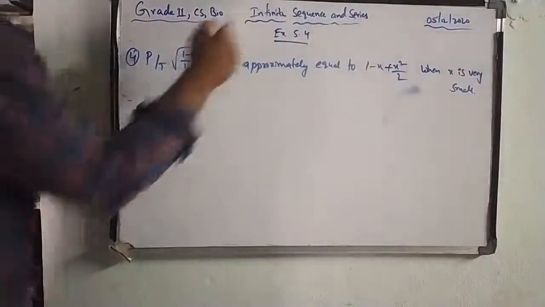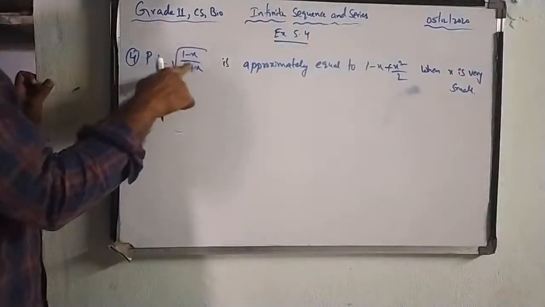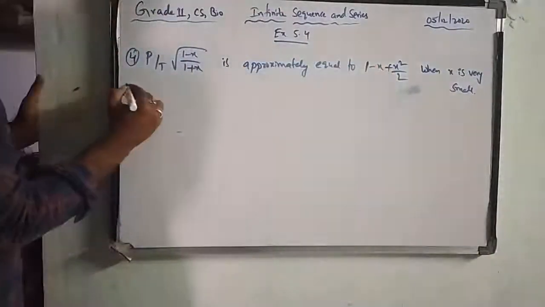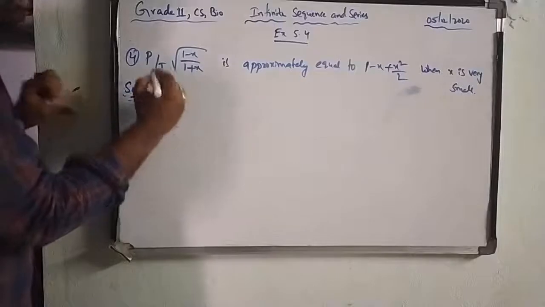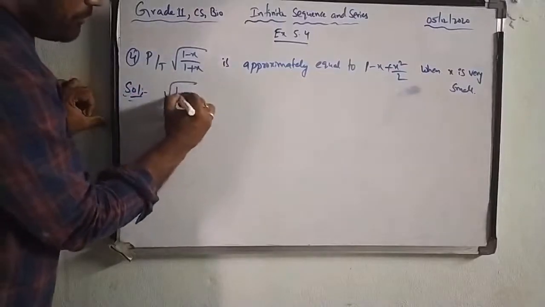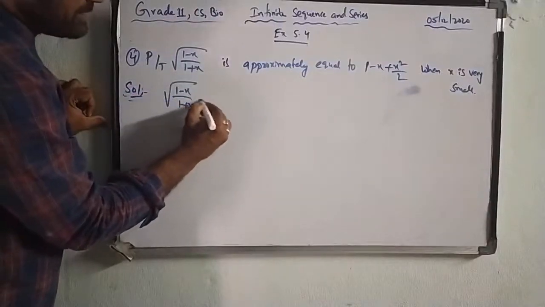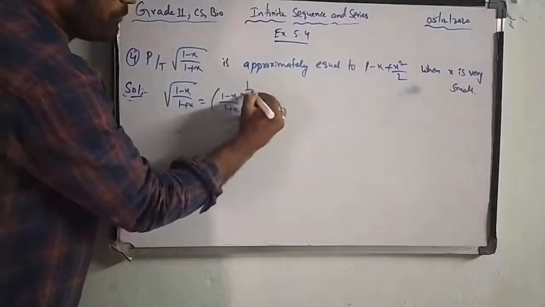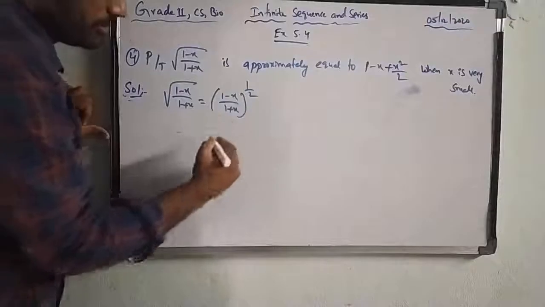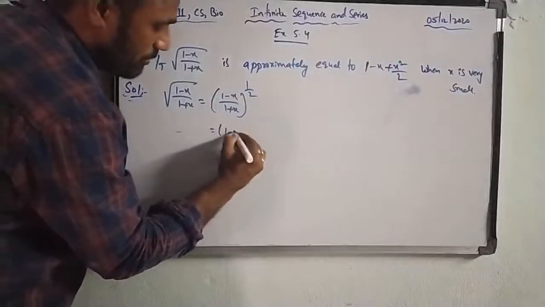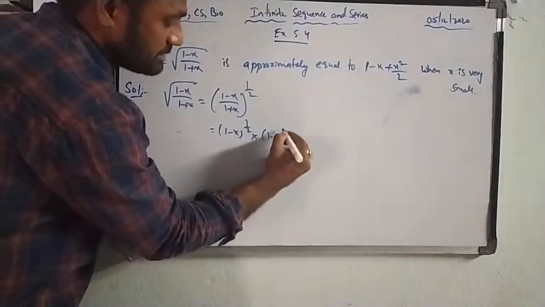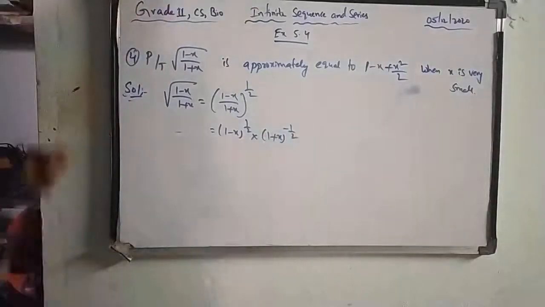Next, let us see the fourth question. Prove that root of (1 minus x) by (1 plus x) is approximately equal to this when x is very small. So x is small. Given root of (1 minus x) by (1 plus x), this can be written as ((1 minus x) by (1 plus x)) whole to the power of 1 by 2. So this can be written as (1 minus x) whole to the power of 1 by 2 into (1 plus x) whole to the power of minus 1 by 2.